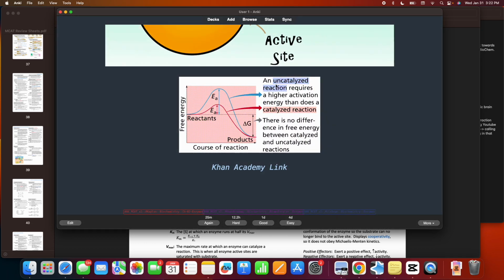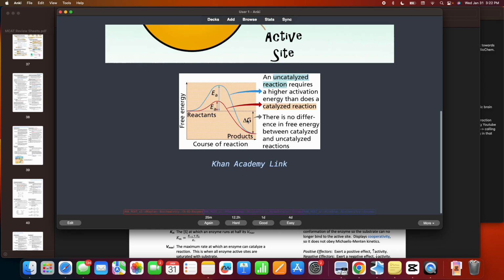An uncatalyzed reaction requires a higher activation energy than a catalyzed reaction. The catalyst brings the activation energy down. There is no difference in free energy between catalyzed and uncatalyzed reactions; the delta G is not different.